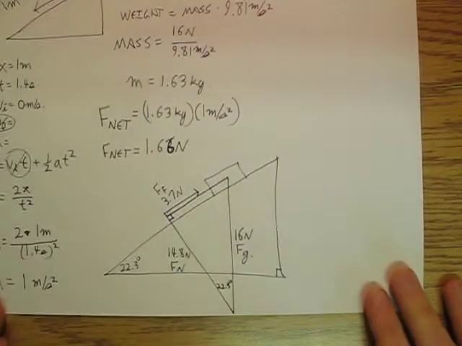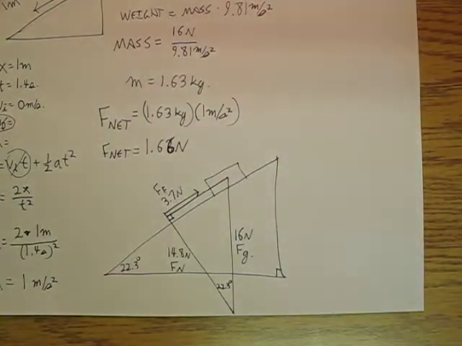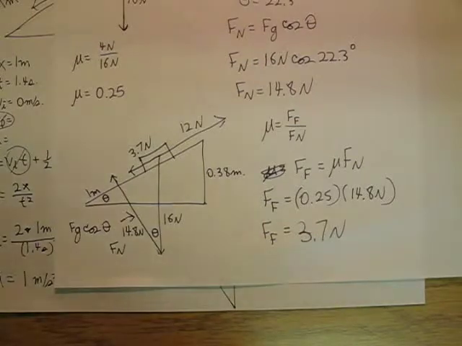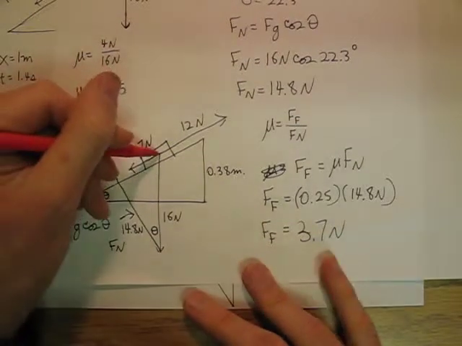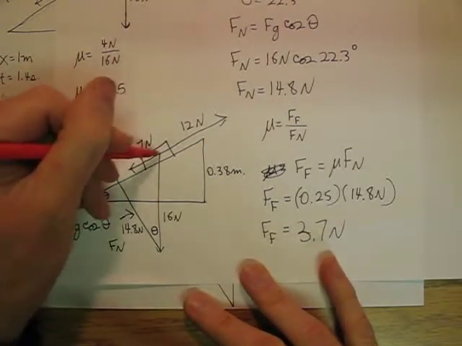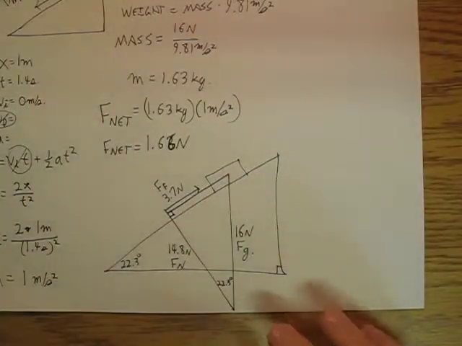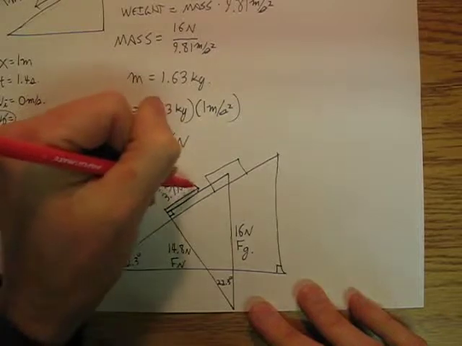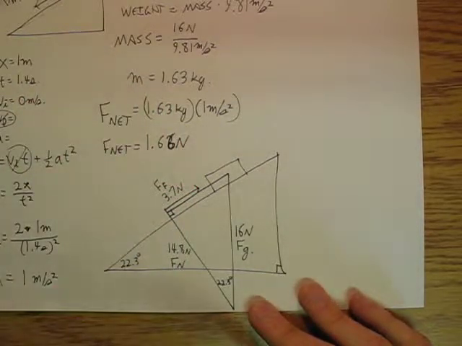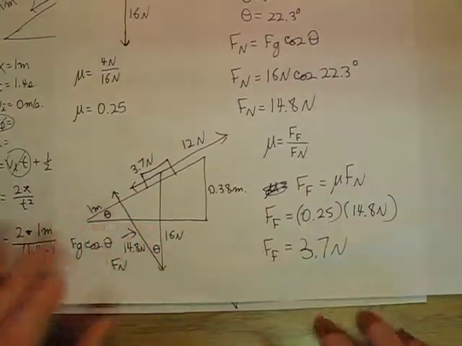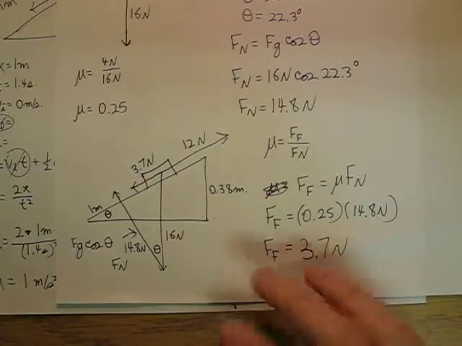Now, hang on, stop for a second here. In my previous lecture, I had force friction pointing down the incline. Now I've got force friction pointing up the incline. Why did I switch them? Because force friction always opposes the motion of the brick.